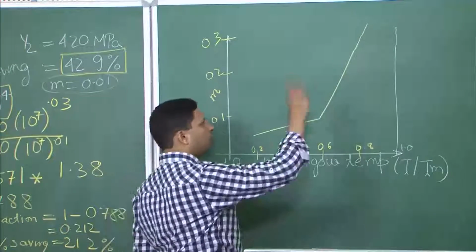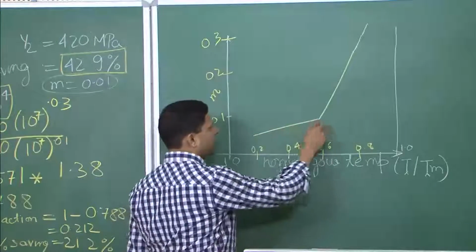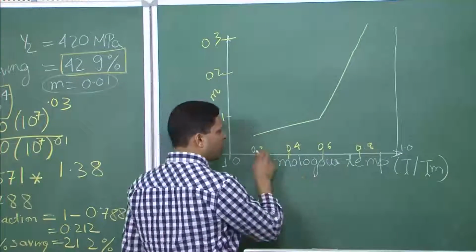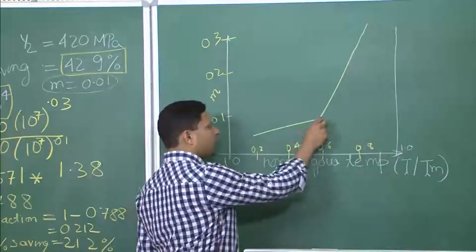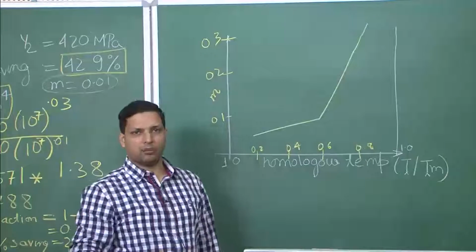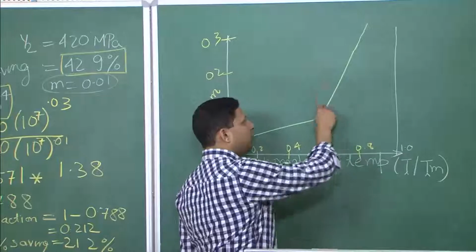For almost all materials, you would see the variation in m like this. So, up to a temperature close to 0.5 Tm, m is very small, it increases with temperature, but not by a large magnitude, but beyond 0.5 Tm it just shoots off.